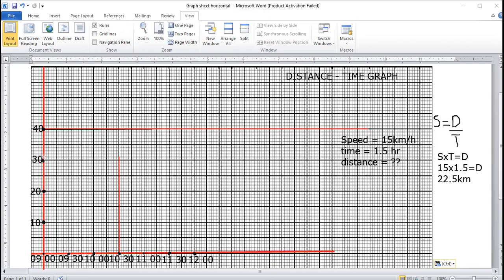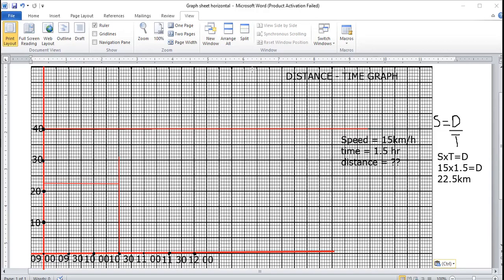Between each 10 units, there are 10 small boxes. It means each box represents 1 unit on the y-axis. They are saying 22.5, so 22.5 will be somewhere over here in the center, and I have connected it, and it is coming at this point.